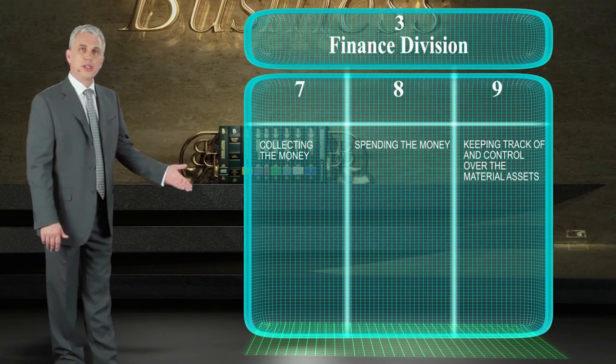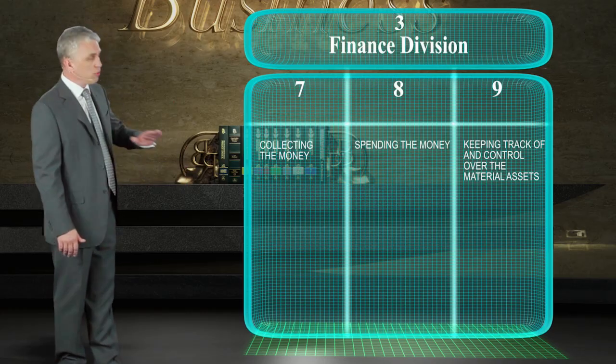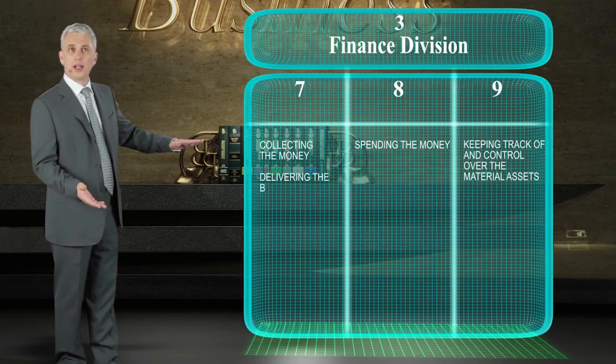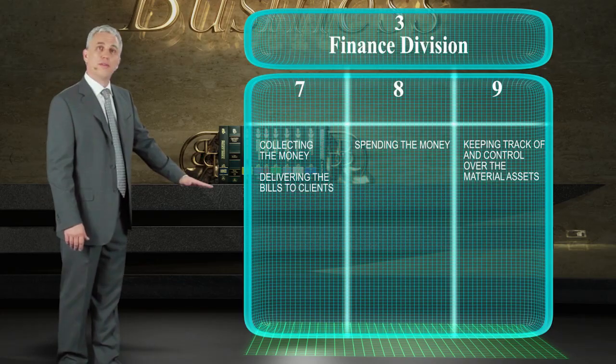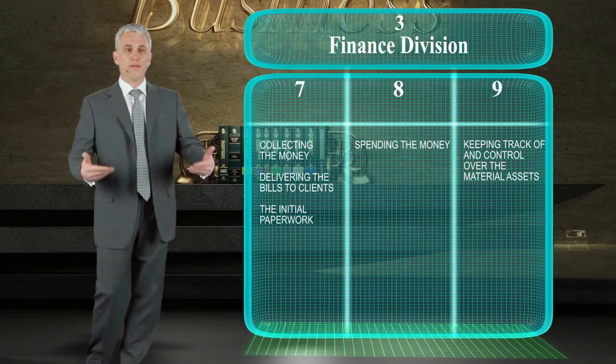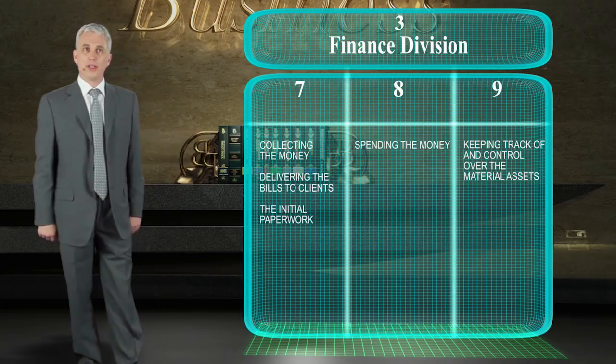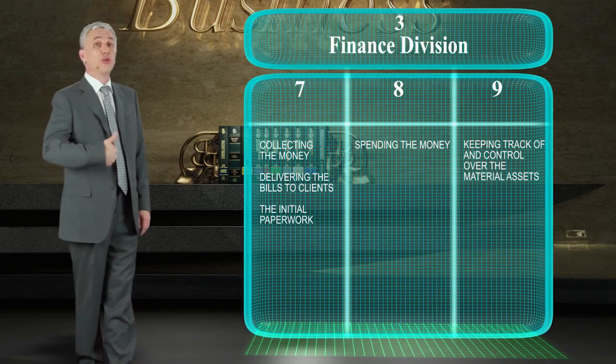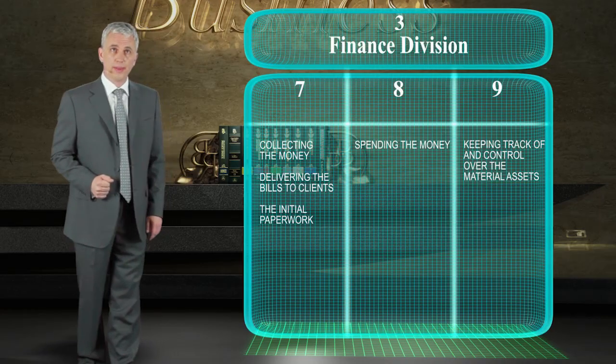The function of properly collecting the money is missing. You could say that the Department 7 has the following functions: delivering the bills to clients, taking care of the initial paperwork and preparatory functions to delivering the necessary paperwork to the accounting department.